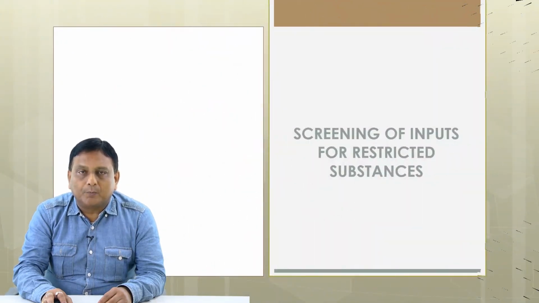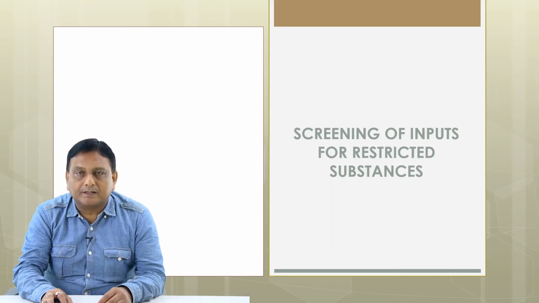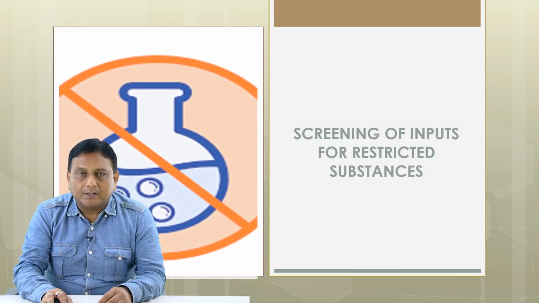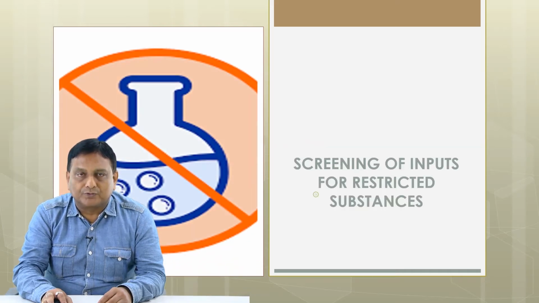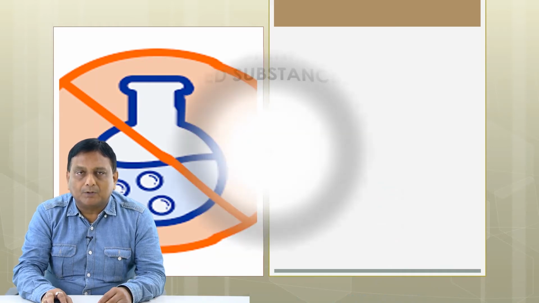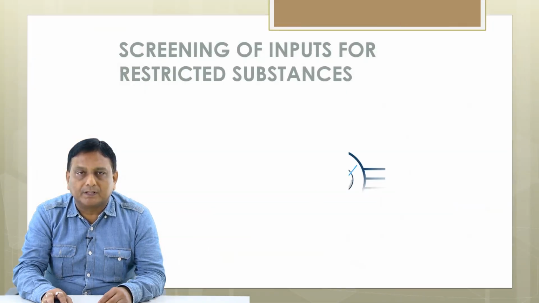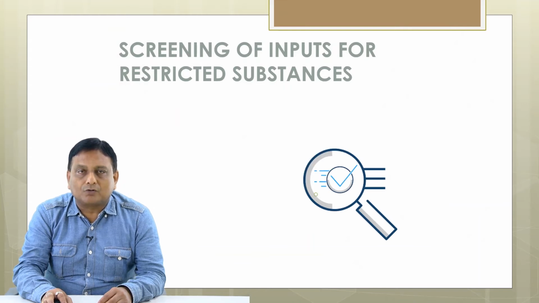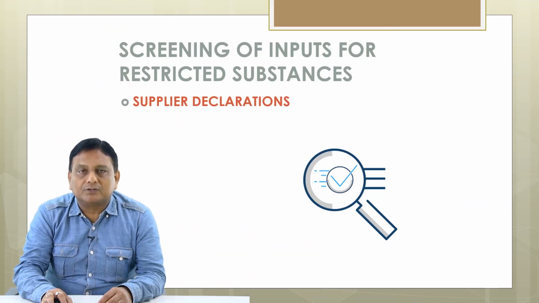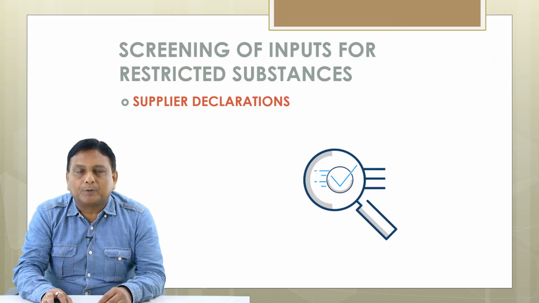Now, the next important part of this RSL compliance is the screening of inputs for restricted substances. What do you mean by the screening of inputs? When you are talking about the screening of inputs of restricted substances, we first talk about the chemicals which are supplied by the supplier, and first of all we should have a proper declaration. A factory should get the declaration from the supplier, and only then should they purchase the chemicals or substances.